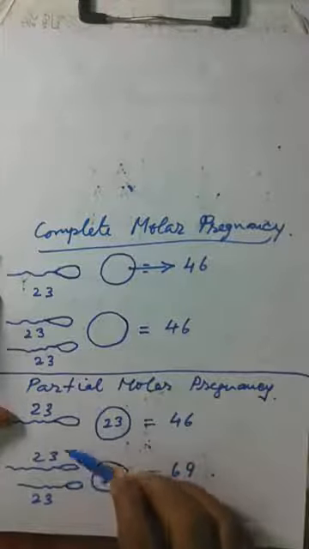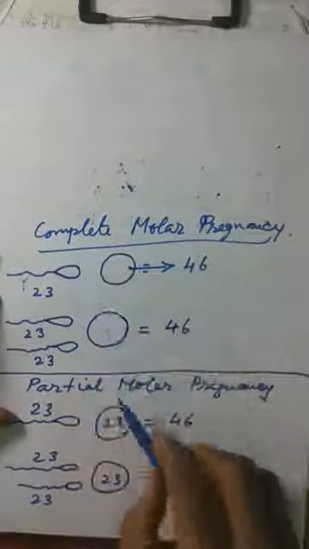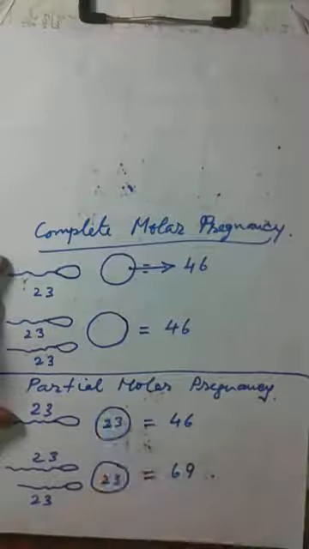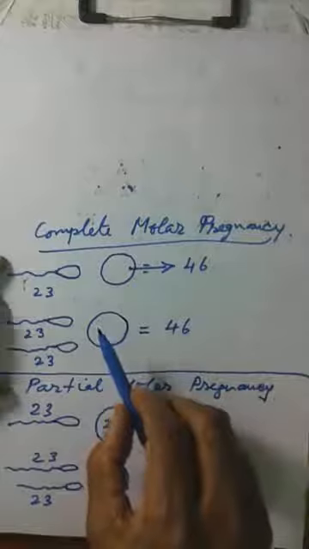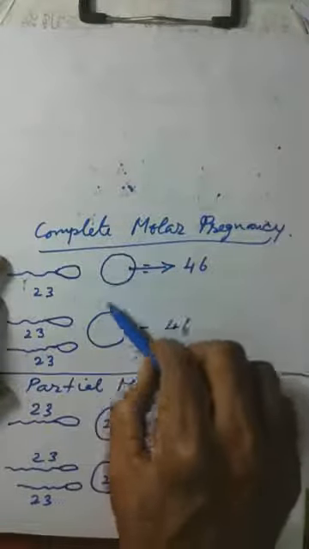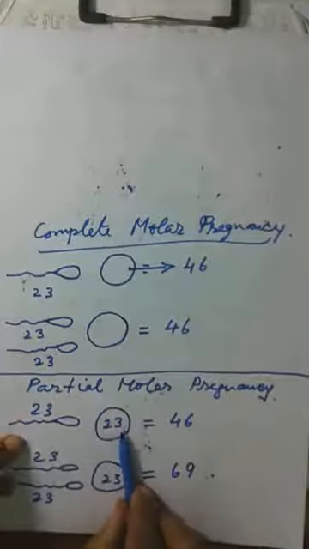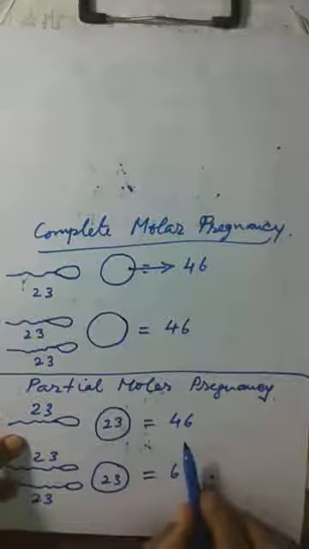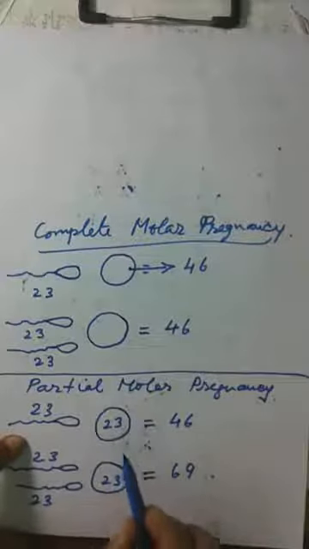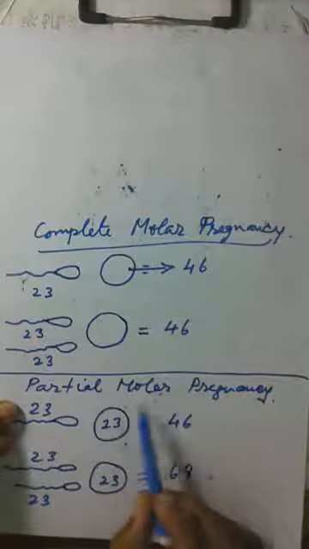This is the problem. Without nucleus and with nucleus also, this is the problem. Placental tissue will be okay with no nucleus here. Here, placental tissue plus the fetal tissue, but it is not fully developed. There is anomaly. So that is what is called molar pregnancy.